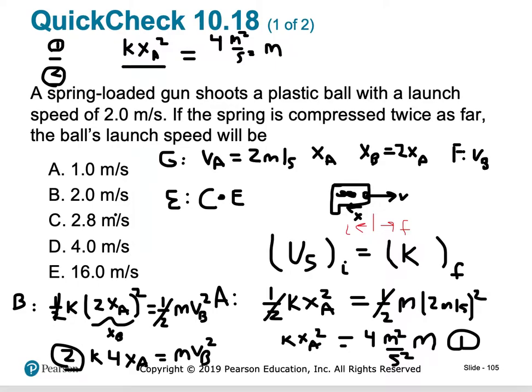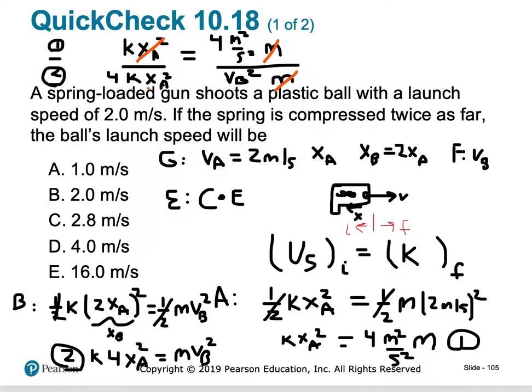Now we want to divide that by equation 2, which is k, 4 xa, oh, that one's a squared, 4xa squared, and then on the other side we have an mvb squared. So here's our m and here's our vb squared. Now we can get rid of things. The mass doesn't matter, it divides out.